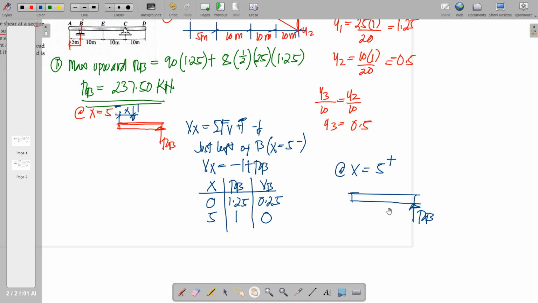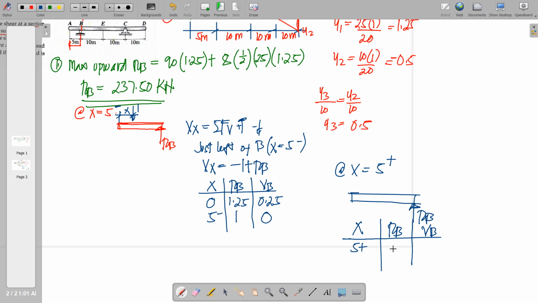Therefore, if your x exceeds 5 meters, just right of 5, this is 5 plus, your RB and shear at B will be the same.